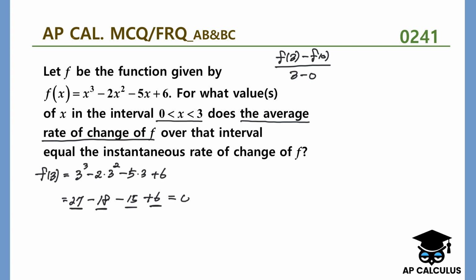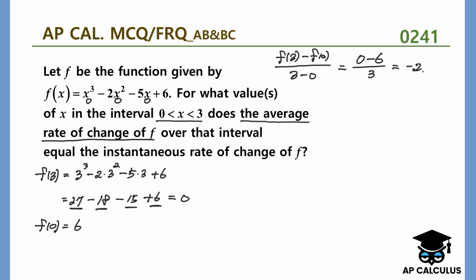So that is equal to 0. Right? What about f of 0? F of 0, if we substitute 0 for x, is going to be equal to 6. Right? So our average rate is equal to 0 minus 6 over 3, which is equal to negative 2.